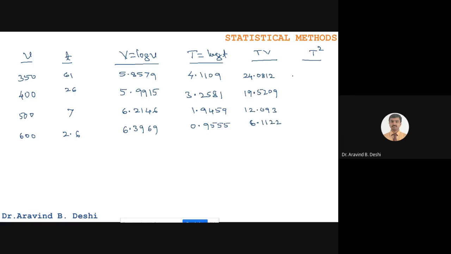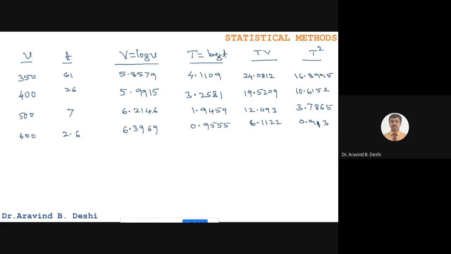Then T square: 16.8995, 10.6152, 3.78, and 0.913.